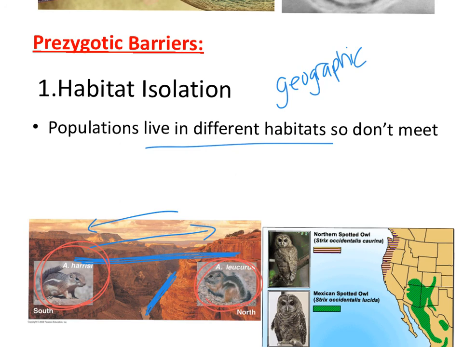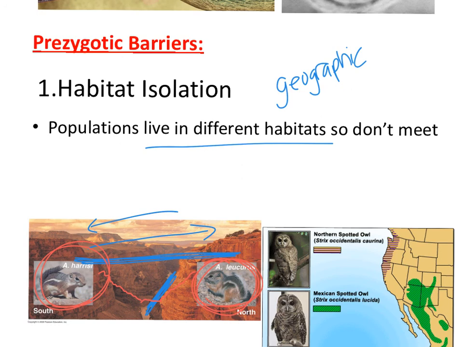It would be impossible for the little mammal to go all the way on a journey down the canyon, swim across the river, travel up the canyon, and find a mammal on the other side to mate with. So there is now a physical, geographic separation between the two populations.